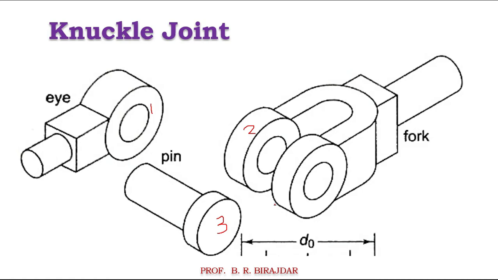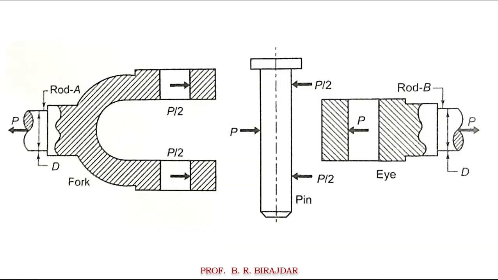Already we saw in the case of the cotter joint, there are again three parts, and on all these three parts we designed by considering whether there is tensile stress, compressive or crushing stress, or shear stress, and we have to check all of this and design based on it.